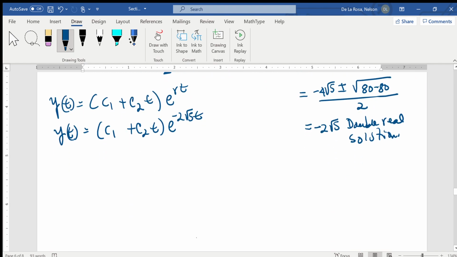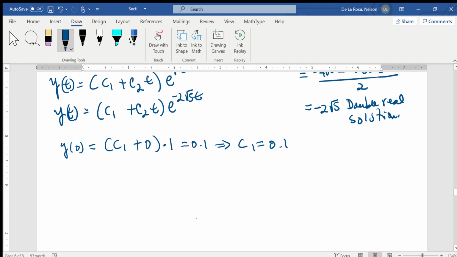So y at 0 is equal to c1 plus 0, because when we replace t by 0, c2 times 0 is 0, times 1, because the exponential is e to the 0. That is equal to 0.1. So in this case, c1 is 0.1.